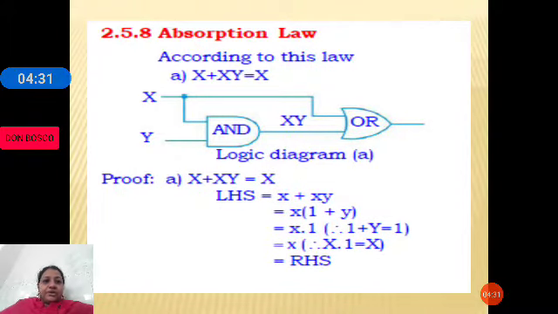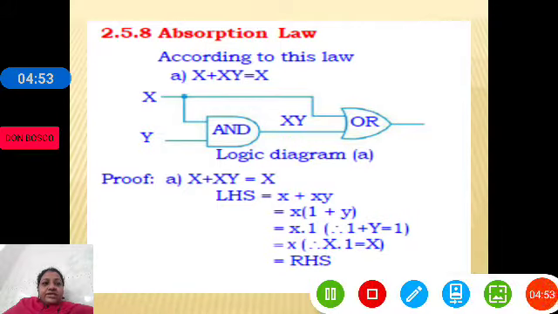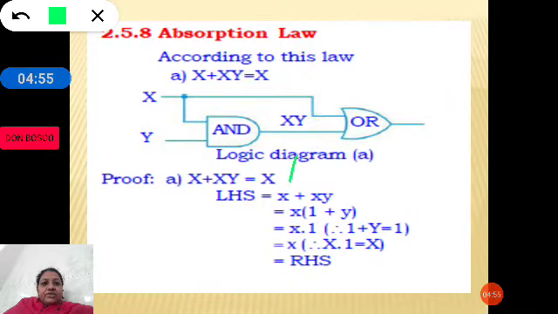Kindly go through it again. X plus xy is equal to x. Here, using the factoring method, as x is common in both the expressions, we remove x outside the expression. When x goes out, 1 remains.